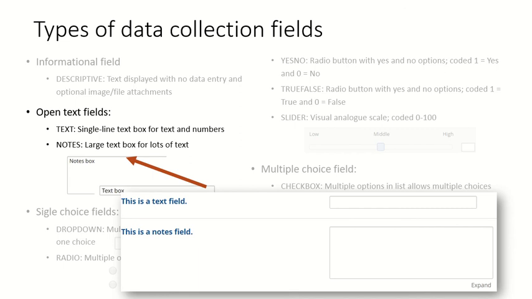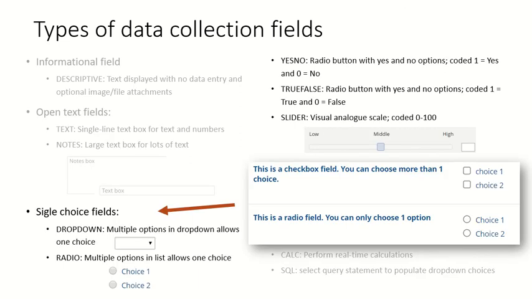Okay, the next type of field choice is a single response or a more than one response. So these are your quantitative items. You're going to have a coded value that equates with a label. So if you're doing a binary yes, no, 1 would be yes, 0 would be no. If you're doing true, false, true is 1, false is 0.